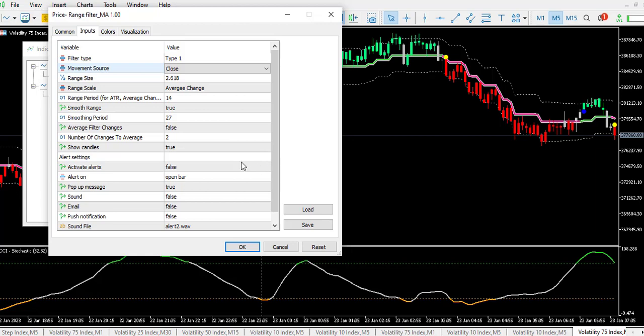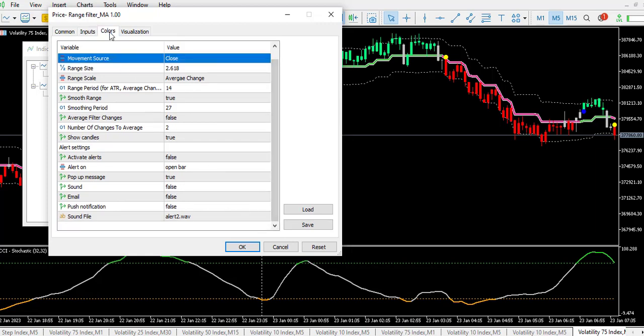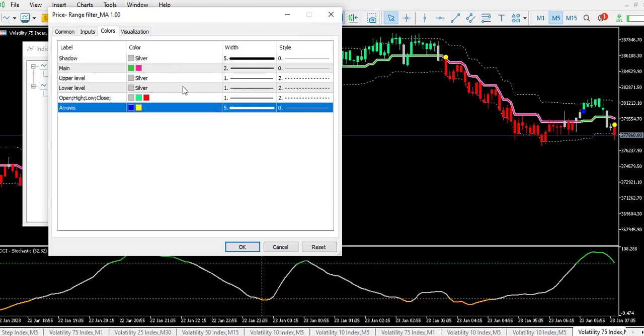If you want the pop-up message, turn it to true as I have it here. If you want the alert, just leave it the way it is. If you want the sound, you can turn it on. So these are the colors where you can change the color. We have a main color here. This is where we change this color.